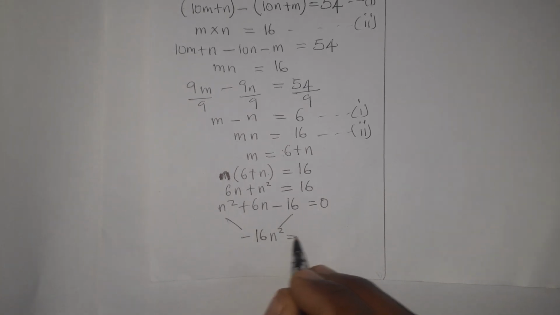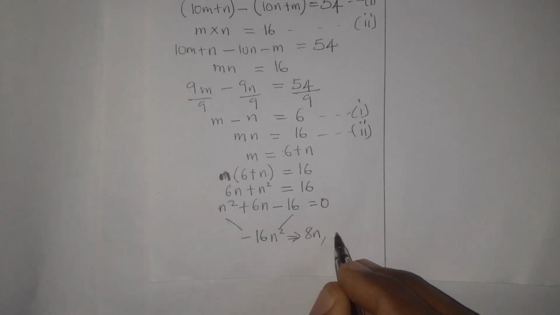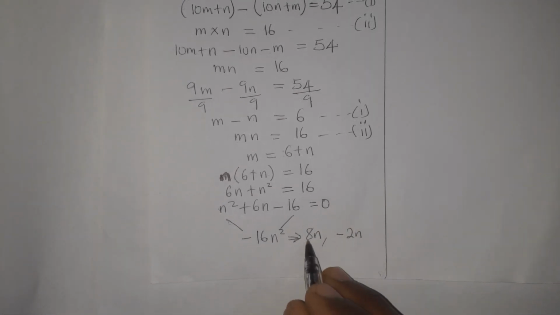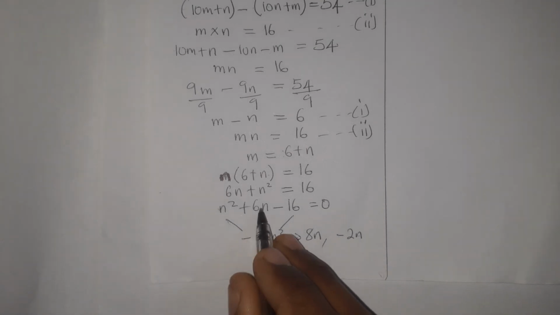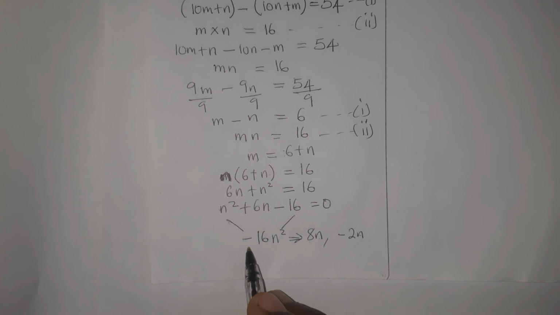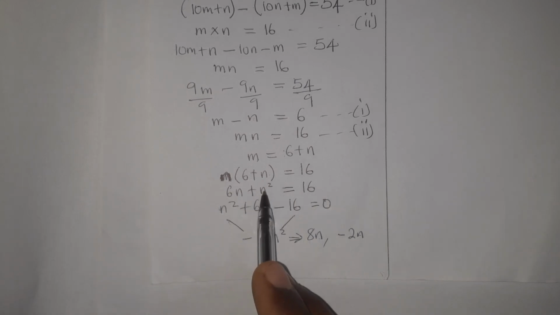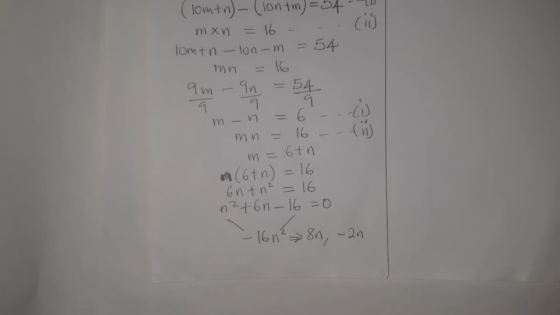The two are 8n and negative 2n, because 8n minus 2n is positive 6n, and 8n times negative 2n is negative 16n square. As you can see, we have made it quadratic since we have power 2. That means we may get two values of n.